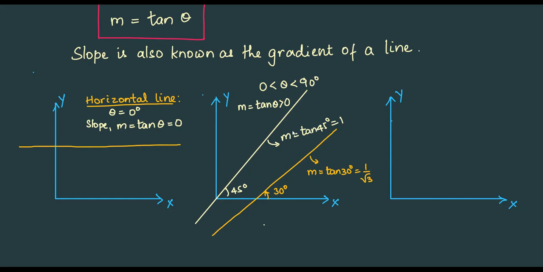This is the value of the slope. Again, I'll explain the concept of what slope is. Now, when theta is acute, that means this is positive slope. This is 0 slope. This is 0 slope case. This is positive slope case.